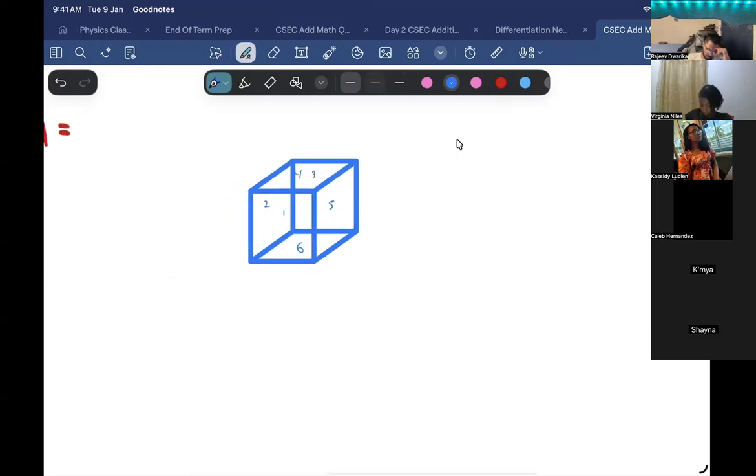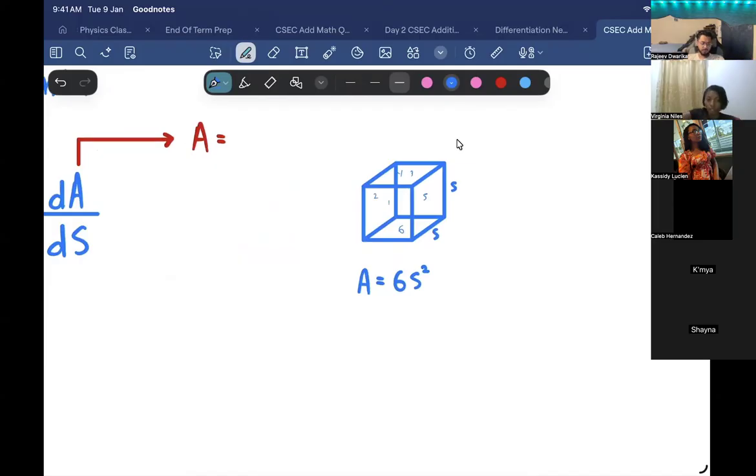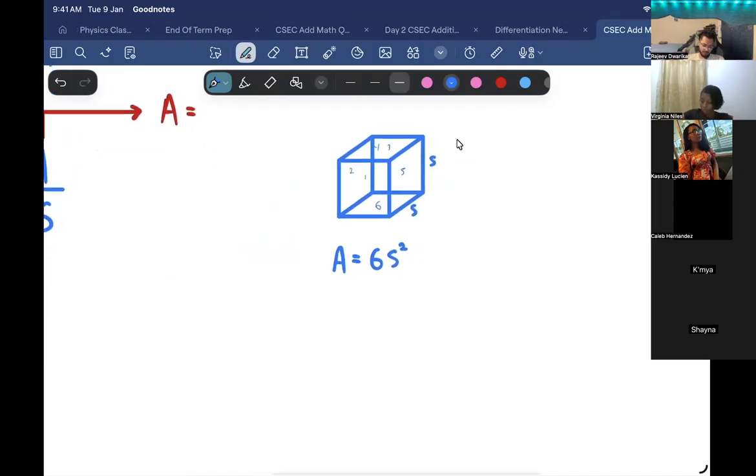So the surface area of a cube is just 6 s squared, because the area of each face will be s by s. We have 6. Everybody okay with that? So the surface area is 6s squared, right? What next?